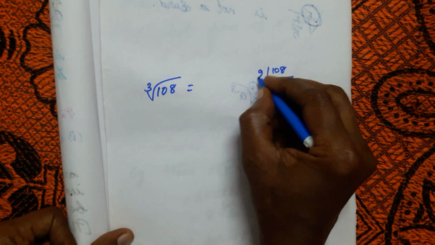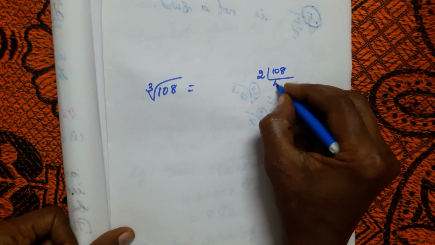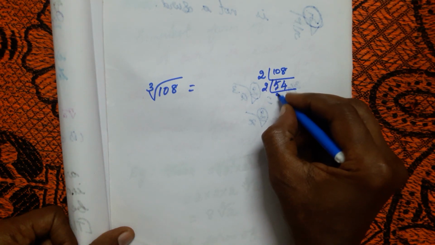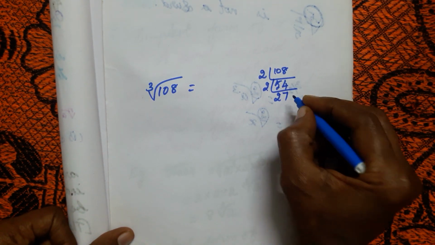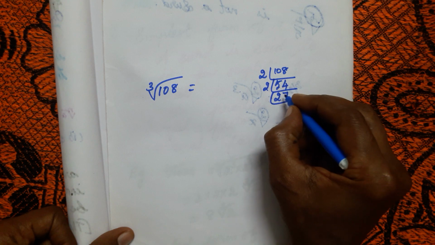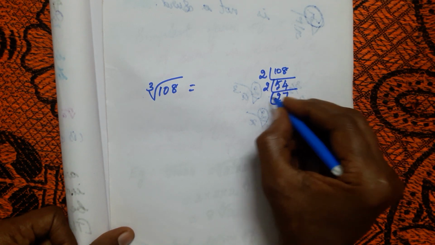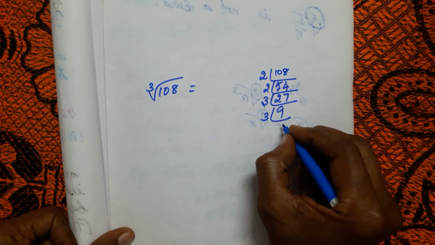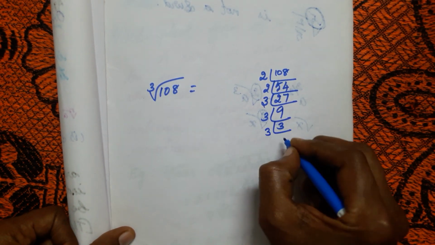With 2 we can factorize: 2 into 54, again 2 into 27. Again, we cannot factorize with 2, so 3: 3 nines are 27, 3 threes are 9, 3, 1.